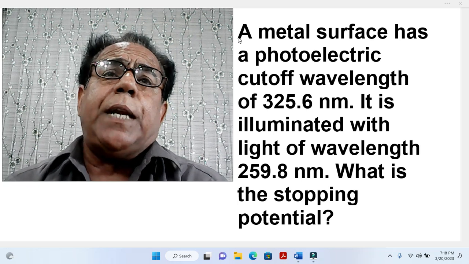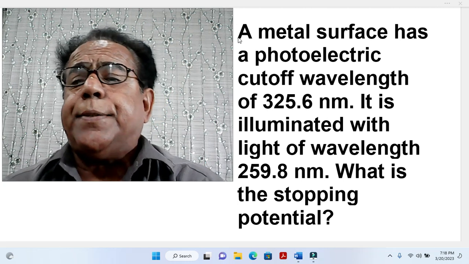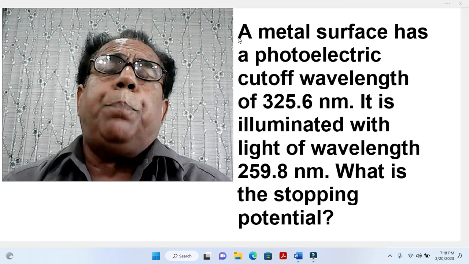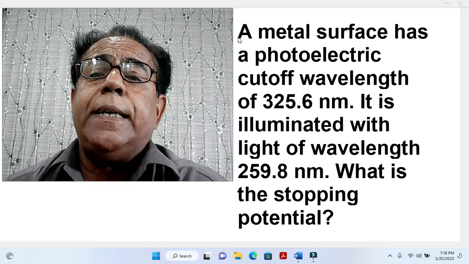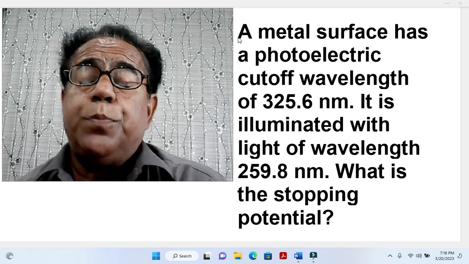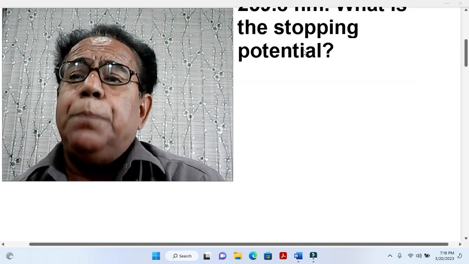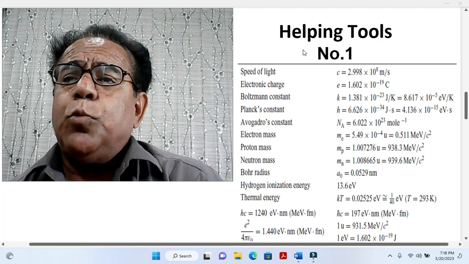We know that potential is usually denoted by capital V, so we will denote stopping potential by Vs, where s is written as a subscript of capital V. Anyhow, we move to our solution.